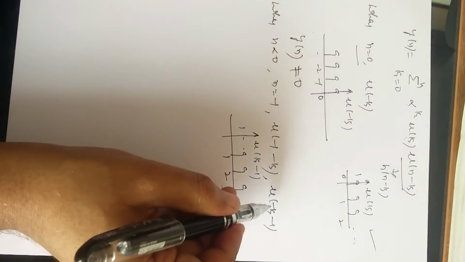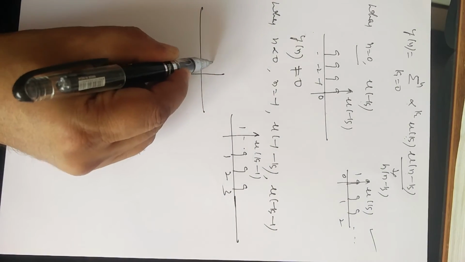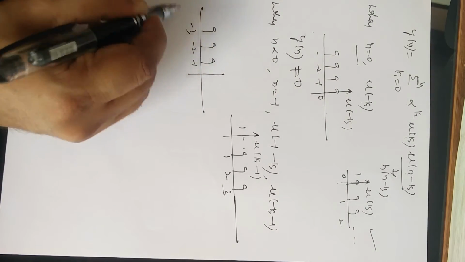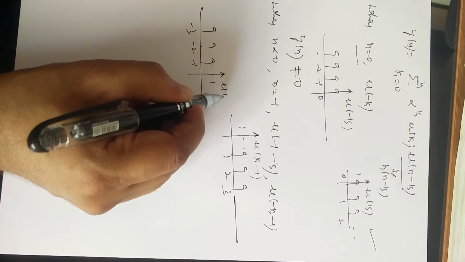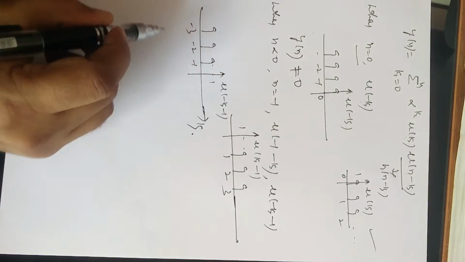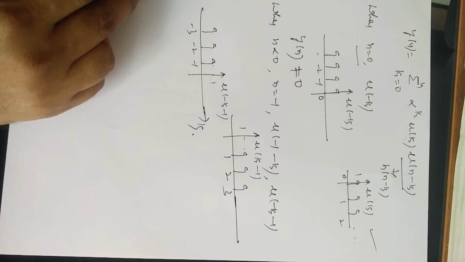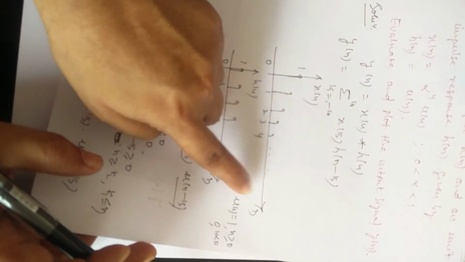When you take its reflection because of this minus k, the signal comes here: minus 1, minus 2, minus 3. This is u of minus k minus 1. This signal starts from minus 1 and ends at minus infinity, whereas the first signal is there from 0 to plus infinity.